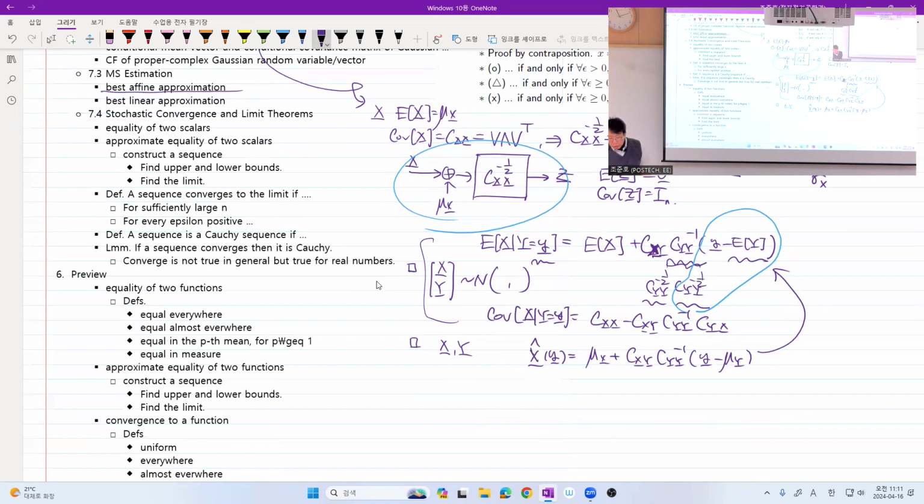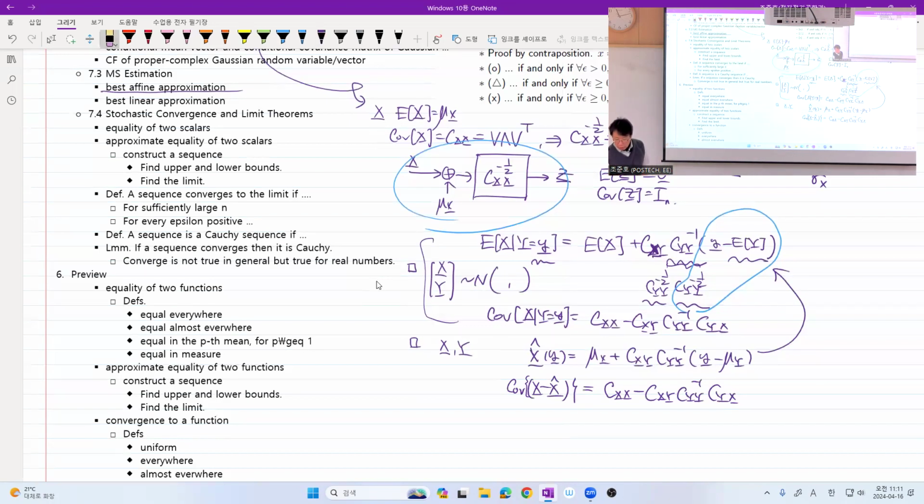And also, the covariance of the error equals what? Equals the covariance of X minus the covariance of X and Y, Y inverse, Y and X. So you again have the same form. Very interesting.